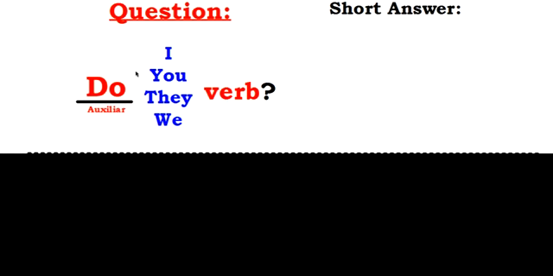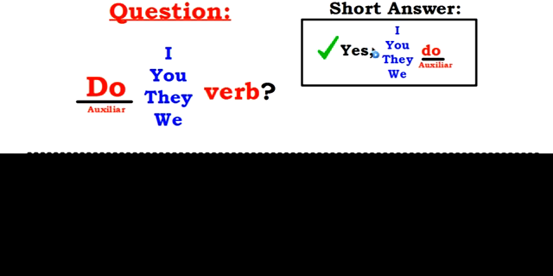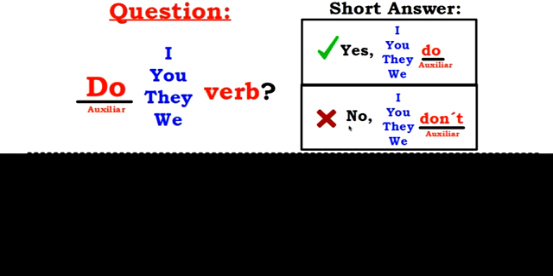Now, a question like this is a yes/no question. When we say yes to the question, we say yes, and then the subject, and then do, the auxiliary. When we say no, we say no, the subject, and don't, the negative auxiliary.